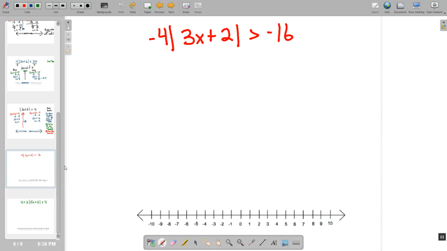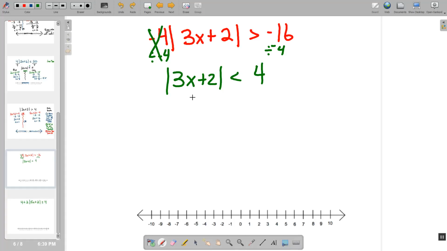For this problem, we have to get rid of the negative 4 before we can set up the positive and negative solutions. So I'm going to divide both sides by negative 4. And one of the tricky parts here is to remember that I need to flip the sign here, even though I haven't yet set up the positive and negative solution sets, because dividing by a negative flips the sign.